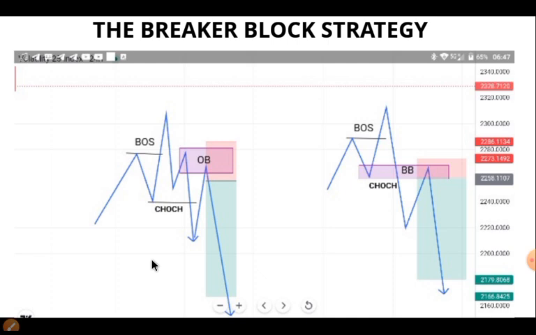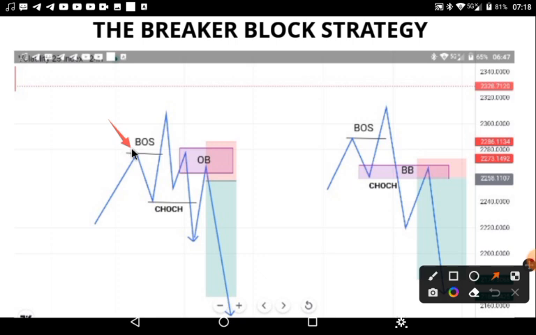Now, before I talk about breaker block, you have to understand what an order block is. You have to understand what an order block is before you will really understand what a breaker block is. So, what is an order block? Whenever price breaks a high like this, we say it is called break of structure, right?